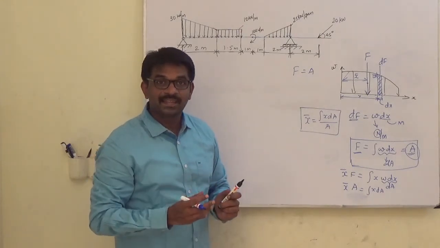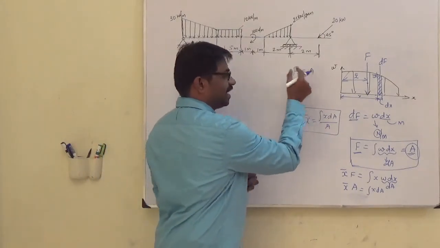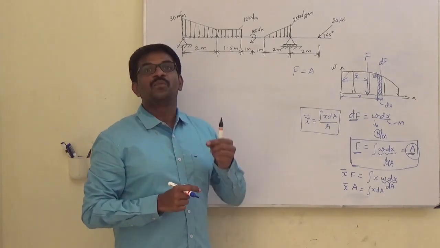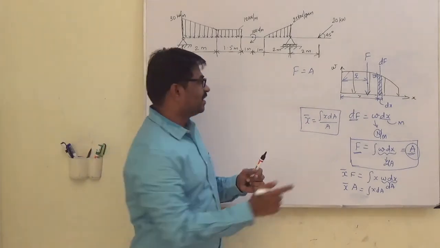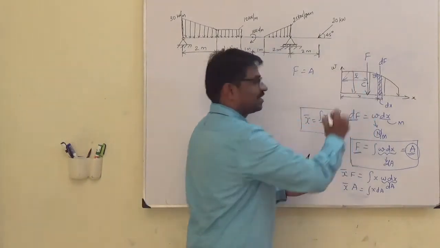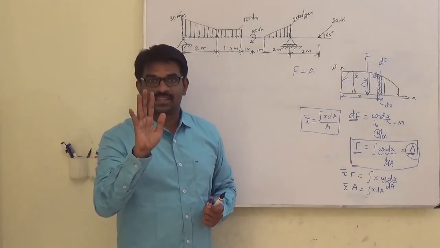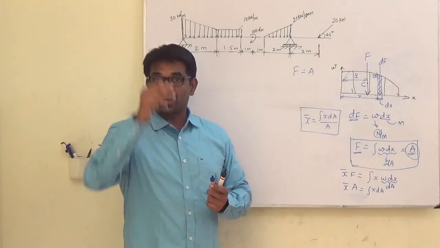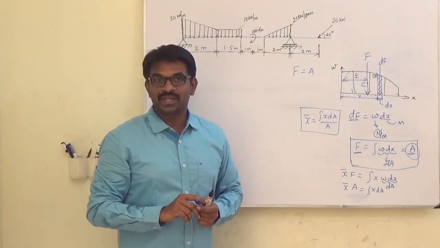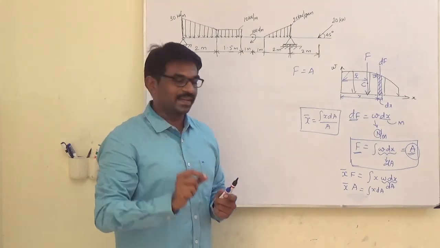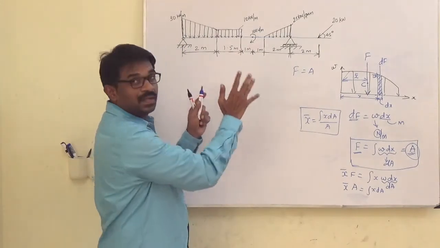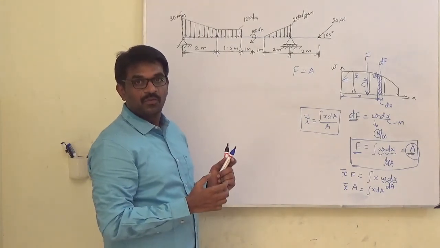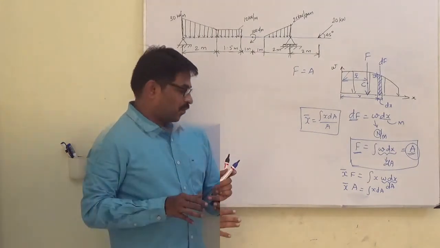What do we understand? The force is nothing but the area, and the line of action of the force passes through the centroid. So this point is the centroid point. You need to understand this. With that, we are going to convert this distributed force into a concentrated force.